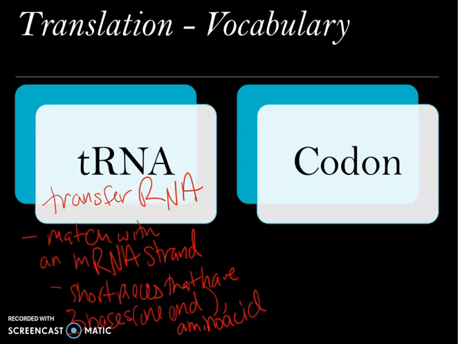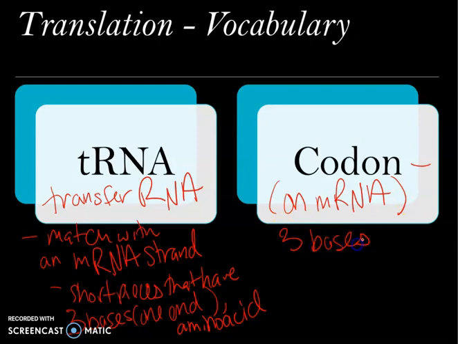What happens is we also have what's called a codon. So the codons are on our mRNA. And a codon is simply 3 bases. So those are your letters, right? Your A, your T, your C, your G. So it's 3 of those in a row.